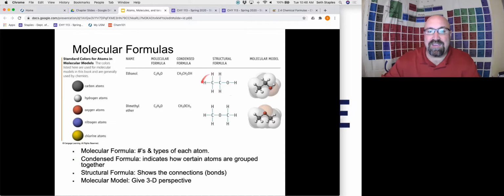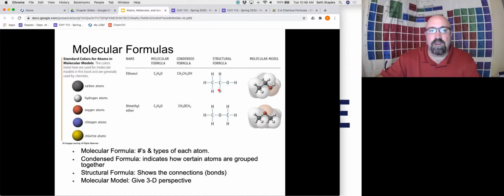We will look at these types of depictions of molecules in much greater detail towards the end of this course, towards early December probably. But again, if we take a look at our condensed versus our structural formulas, we see, for instance, the CH3 in our condensed formula. We can see that here on this end of the molecule. There's what we would call a CH3.